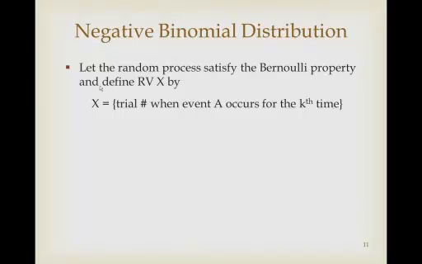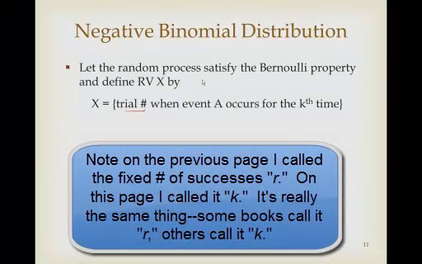Before I actually show you, I do think it's appropriate to write out the formulas so you know what we're talking about. We're discussing a phenomenon where we're looking for the trial number where an event A occurs for the kth time. Here's what I mean. I'm flipping a coin. I flip it the first time, and I'm looking for tails.